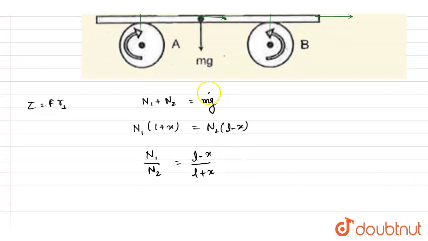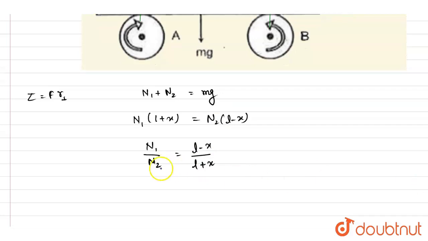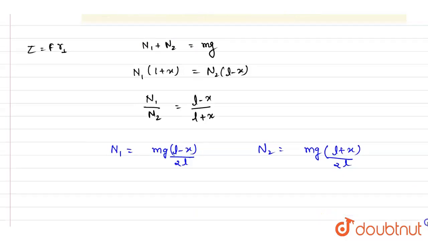You can just break mg into two components in this ratio, and you will get the normal reactions, right? So N1 will be equal to mg times (L minus x) by 2L, N2 will be equal to mg times this, right? In the same way, you can write down the limiting friction.